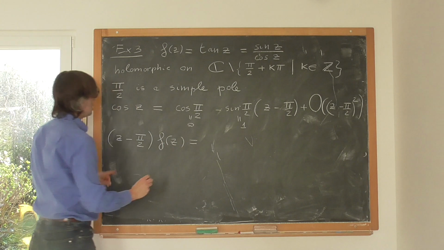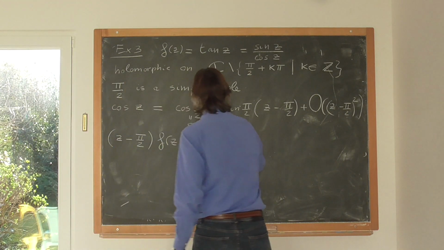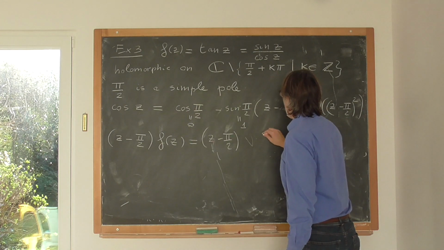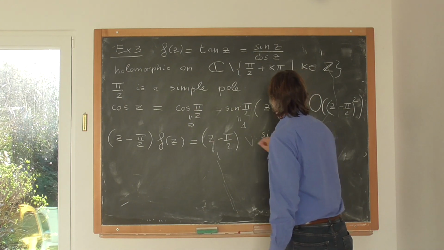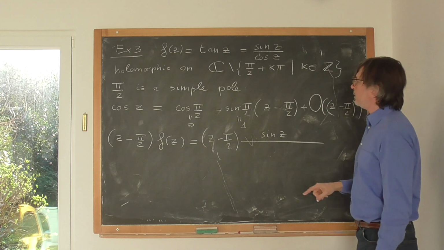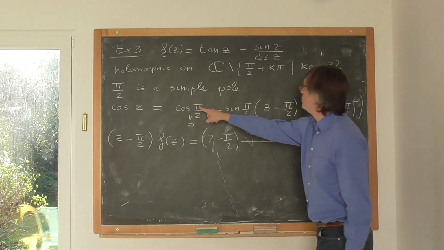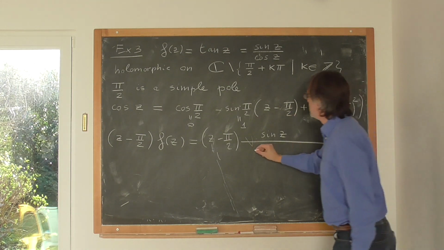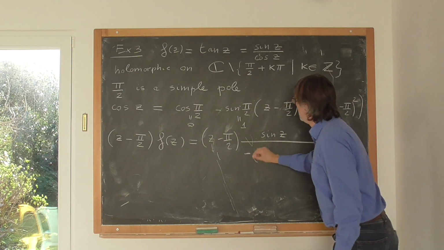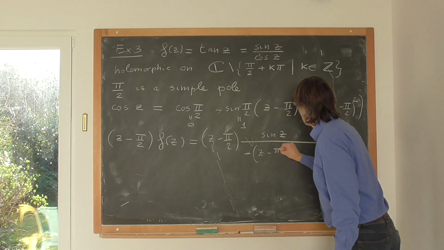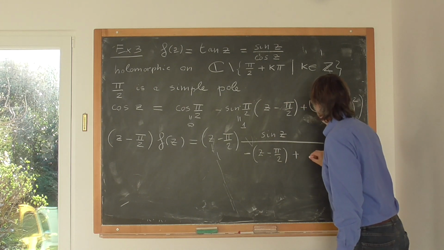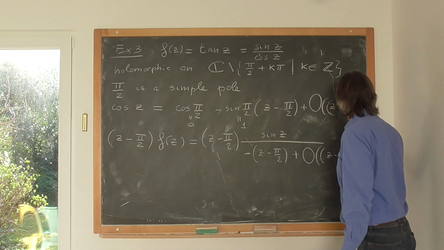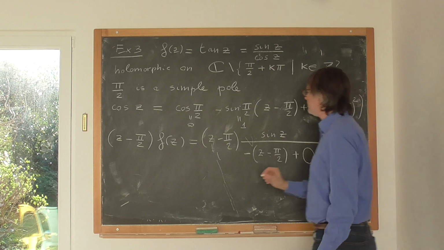If we do this multiplication, here we have z minus pi half, here we have sine of z, and in the denominator, instead of cosine, we use its Taylor expansion to order 1, so we get minus (z minus pi half) plus big O of (z minus pi half) squared.